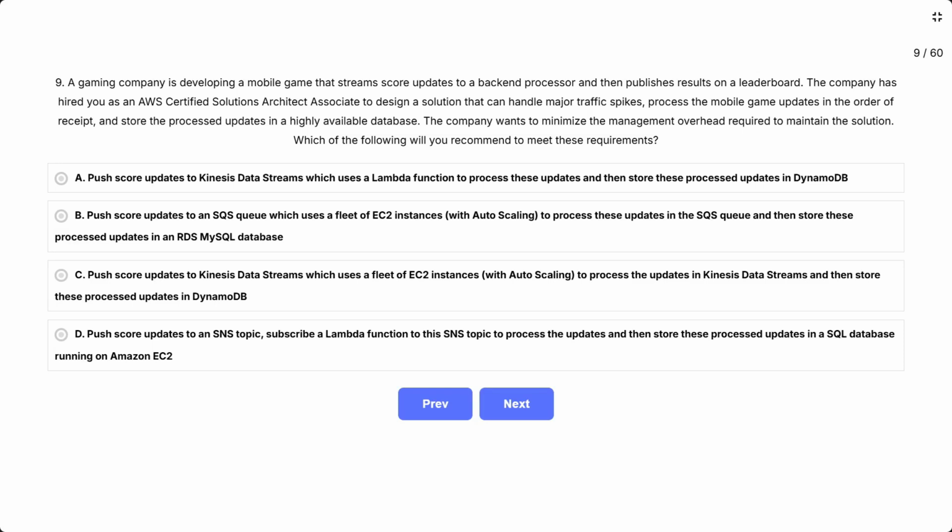C. Push score updates to Kinesis data streams, which uses a fleet of EC2 instances with auto-scaling to process the updates in Kinesis data streams and then store these processed updates in DynamoDB. D. Push score updates to an SNS topic, subscribe a Lambda function to this SNS topic to process the updates, and then store these processed updates in a SQL database running on Amazon EC2.